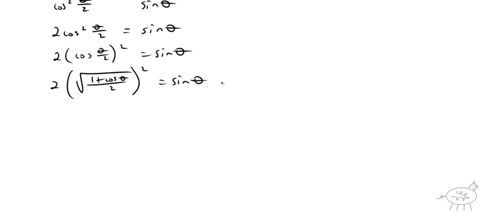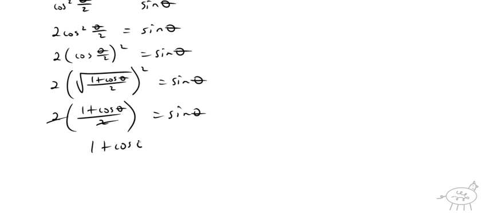Okay. I haven't really squared anything actually, right? Because already in the problem it's squared. So it's not like I even need to check for extraneous solutions. So the beauty of that is when I square that, I get 2, and then I get just 1 plus cosine of theta over 2. So the 2's cancel, and I have 1 plus cosine of theta equals sine of theta.